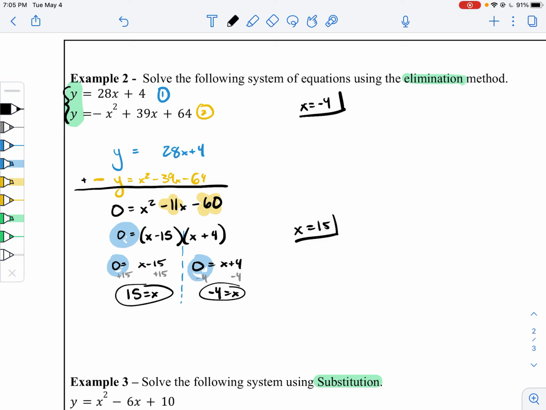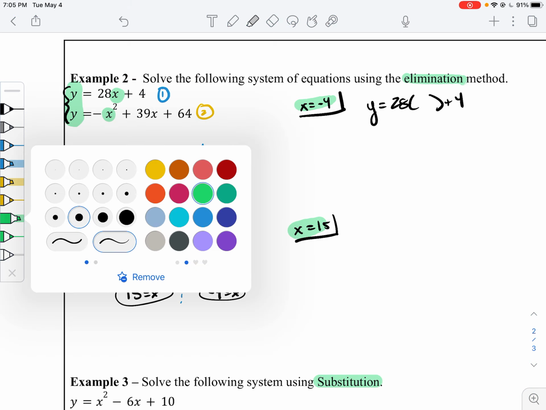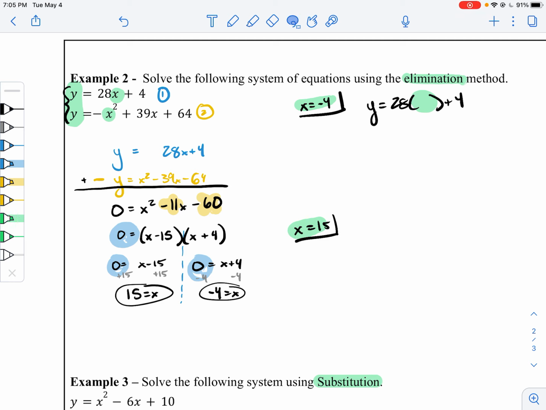Now, as long as you know what x is, you can take that value of x and plug it back into each equation. I would go with linear because linear equations are easier to work with. So you have y equals 28 times whatever your x is plus 4. I'm taking the linear equation and plugging x in for x right here. When I plug in negative 4, I get that y equals 424.